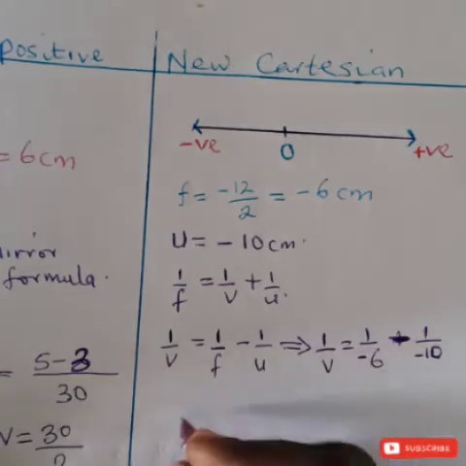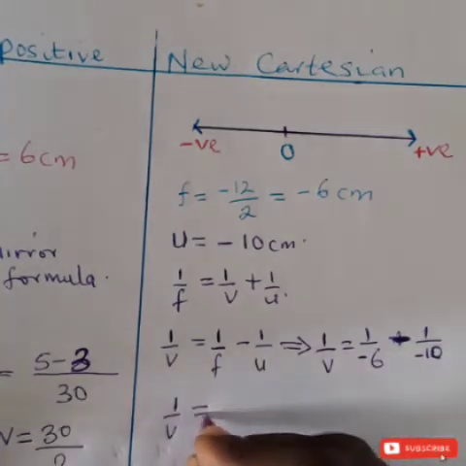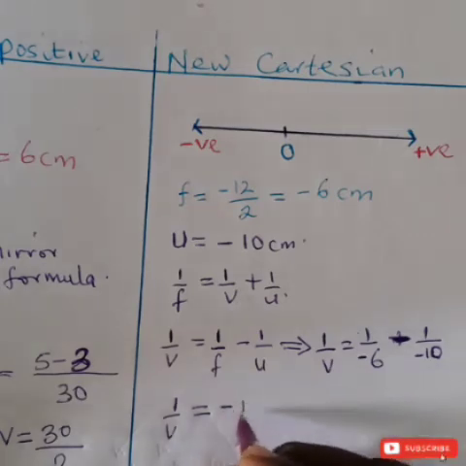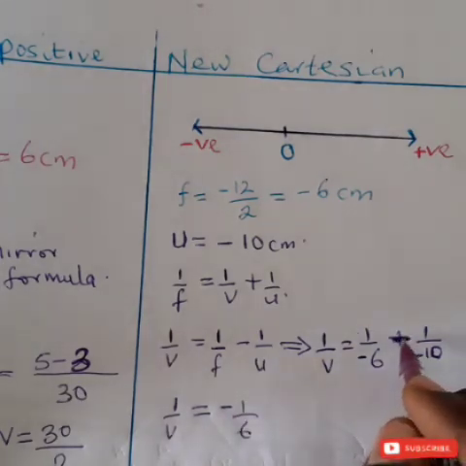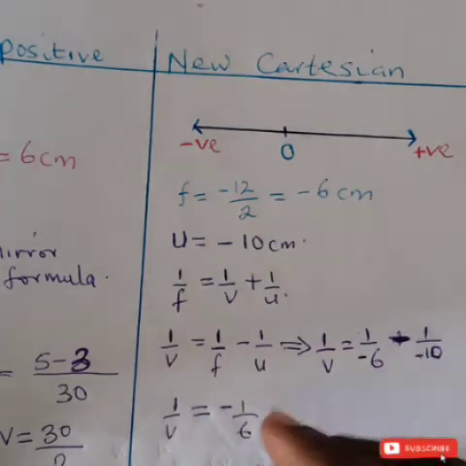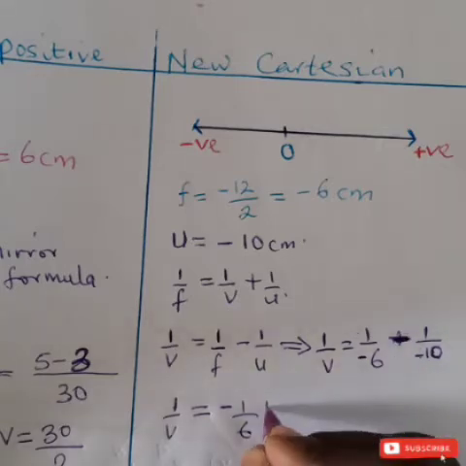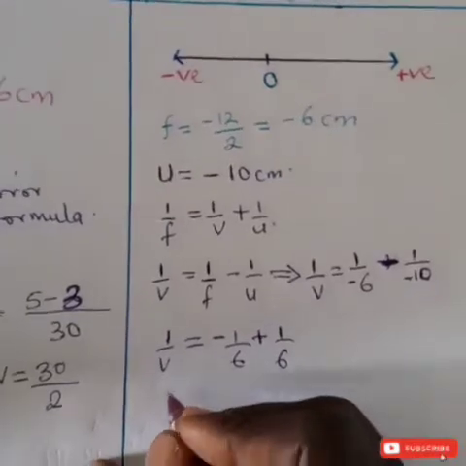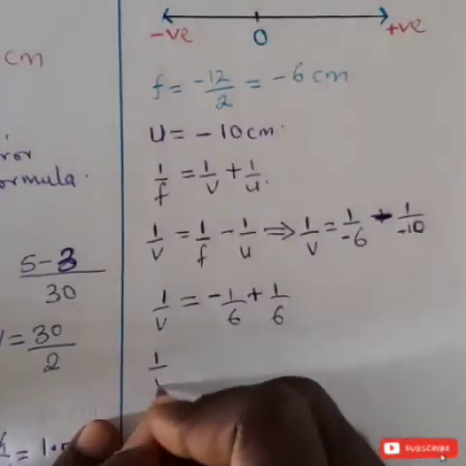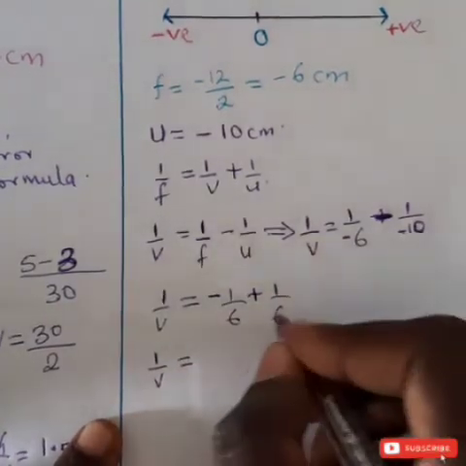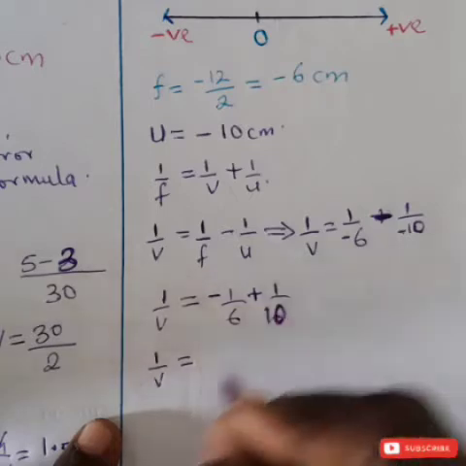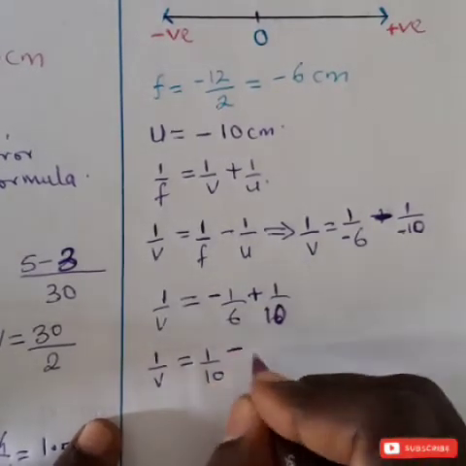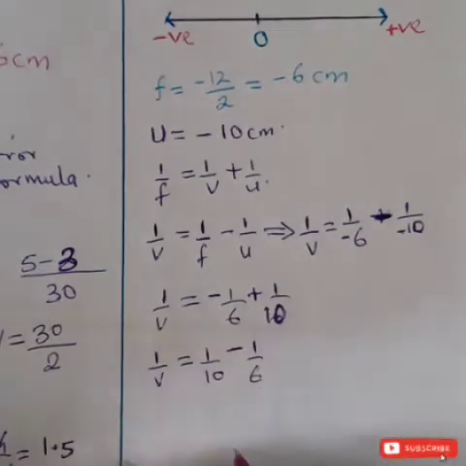So when I work this out, I'm going to have 1 over v is equal to plus divided by minus is minus 1 over 6. Minus divided by minus becomes plus, so I have 1 over 10. So when I rearrange, I'm going to have 1 over v equals 1 over 10 minus 1 over 6.